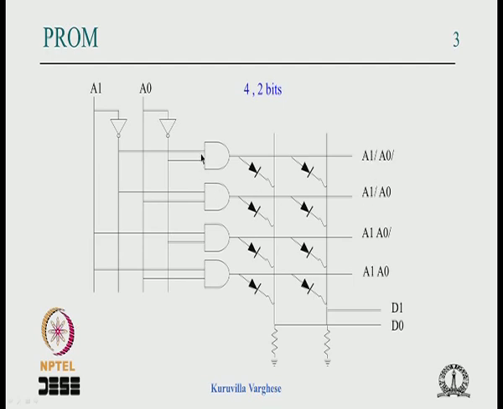So you can minimize your Boolean equation, and if you have 2 minterms in the output, you only implement A1 bar here. That means there are 4 connections, you retain the A1 bar connection and blow all the other connections.